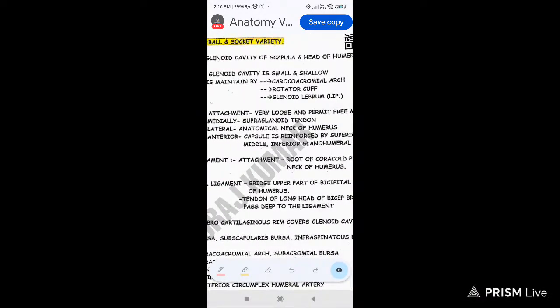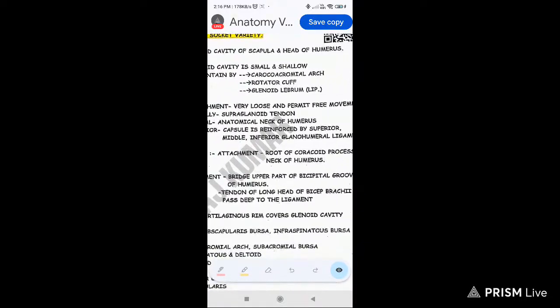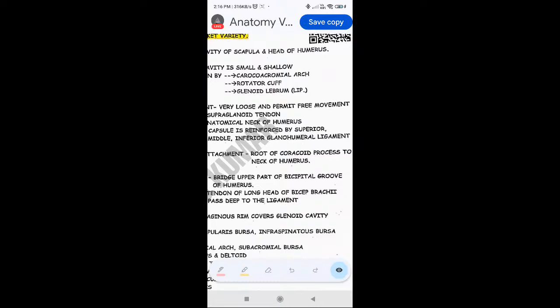Medially it is attached by the supraglenoid tubercle, laterally the anatomical neck of humerus, and anteriorly the capsule is reinforced by the superior, middle and inferior glenohumeral ligaments. It is least supported inferiorly where dislocations are common. Such a dislocation may damage the closely related axillary nerve.